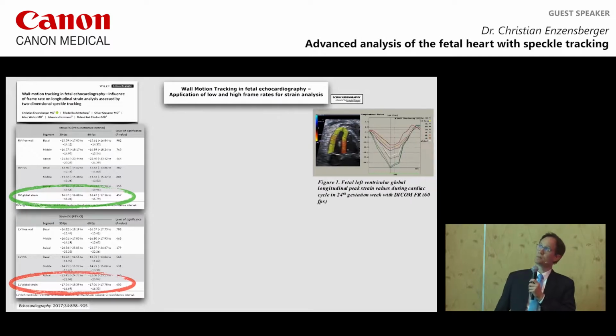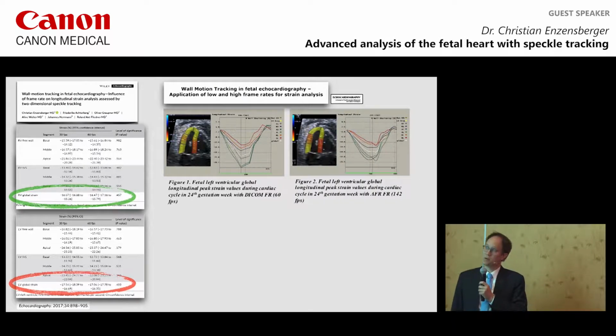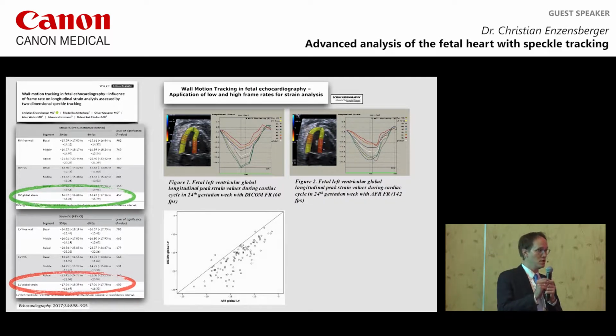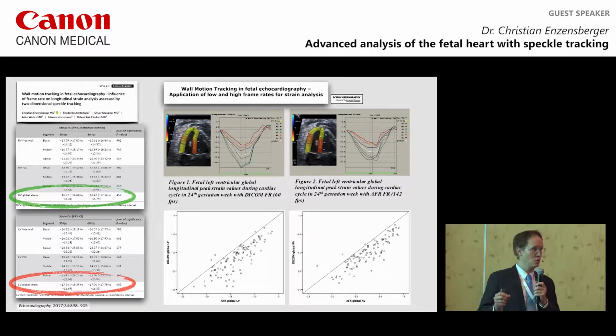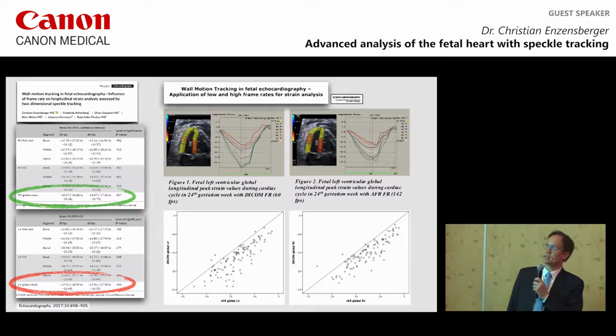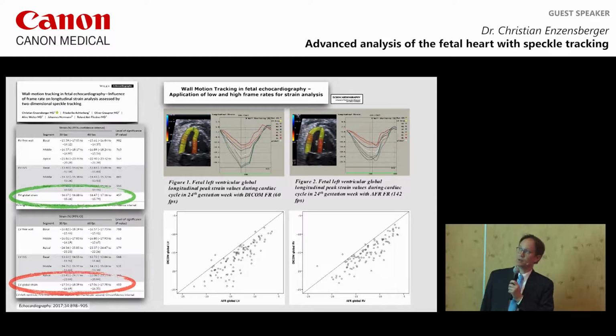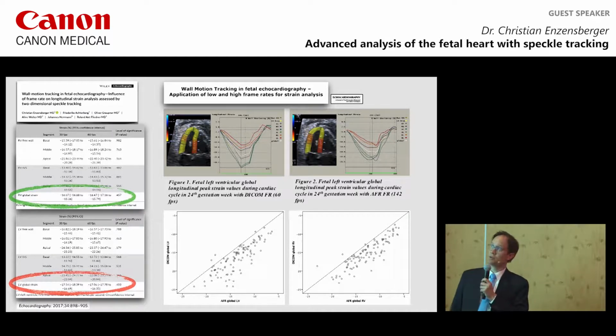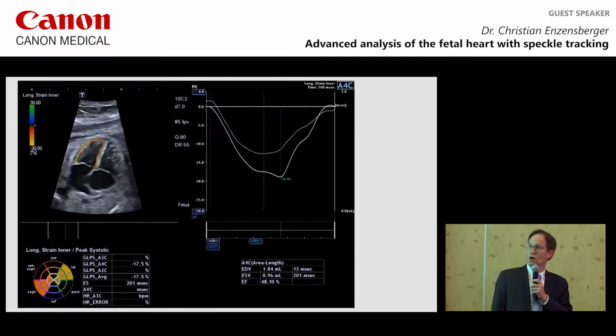So in the next step, we had a look at the original frame rate. This is the frame rate your ultrasound machine offers you. It's not the one you get at the end when you are saving your clip. And here we could see that there is definitely a difference between your very low frame rate on the one hand and your acoustic frame rate, or original frame rate, on the other hand.